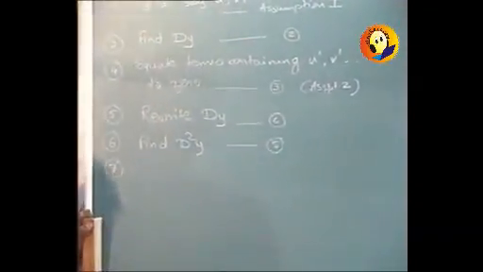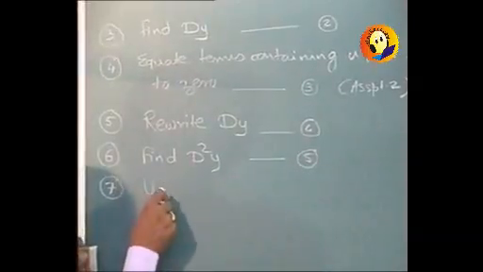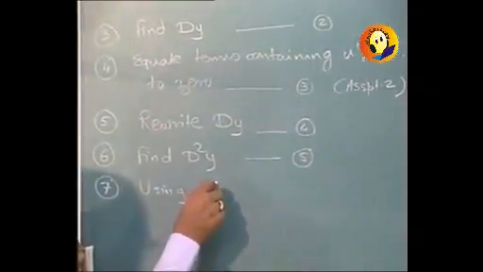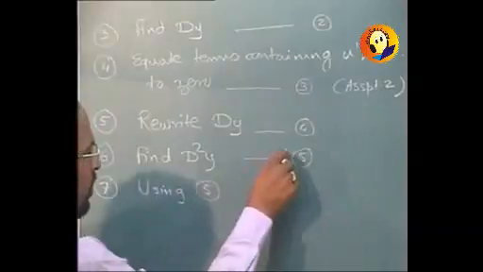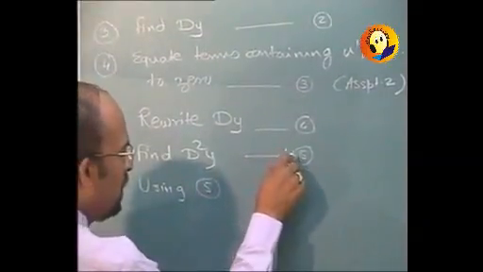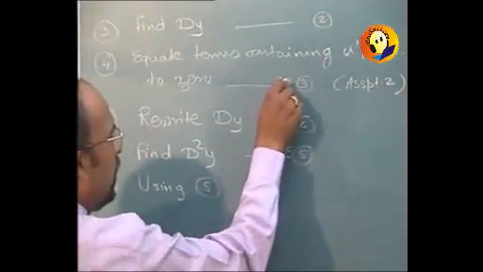In step 7 we say that using equation number 5, we'll just name them as E5, E6 and so on.